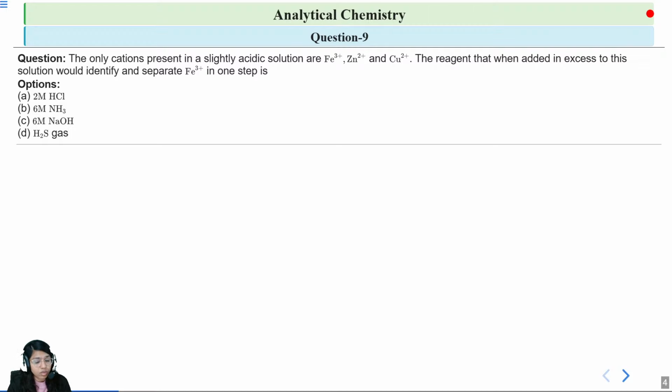If anybody knows the correct answer, then drop the correct option in the comment box. We have identified the reagent which helps us to identify and separate Fe3+ ion in a single step. Let's move toward the solution.